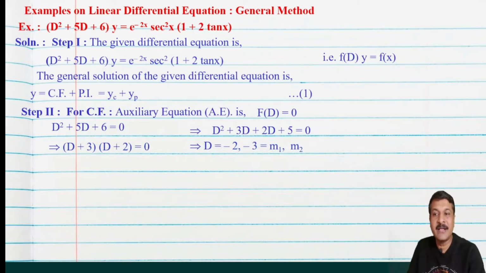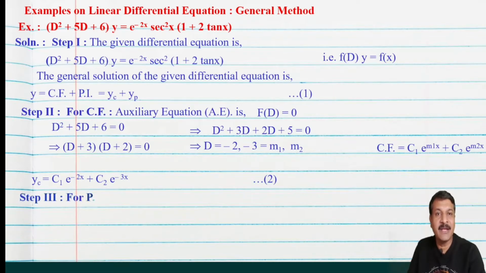So I am getting D = -2 and D = -3. Both are real and distinct, and that is why I am getting yc = c1 e^(-2x) + c2 e^(-3x). Sequence doesn't matter. Note that, to write the CF, sequence doesn't matter. One may consider -3 first and then -2.